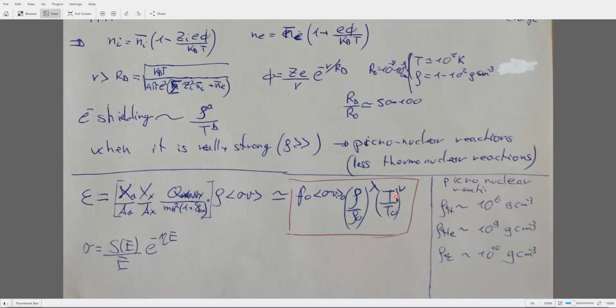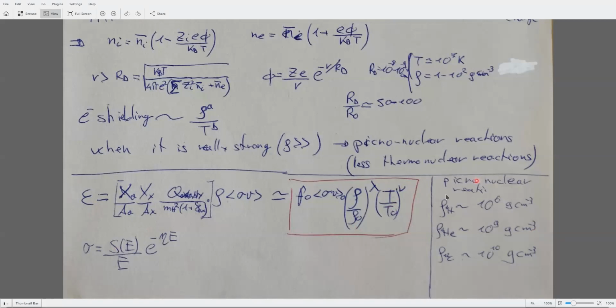At some point you can have an exponent that goes to 20, so you can see that a small increase of temperature is an enormous amount of energy production.